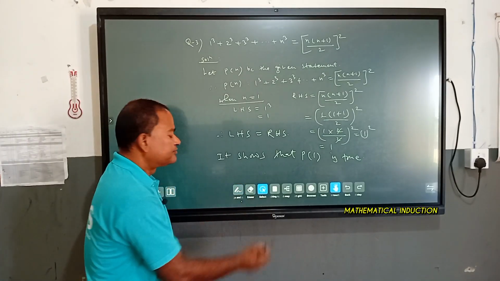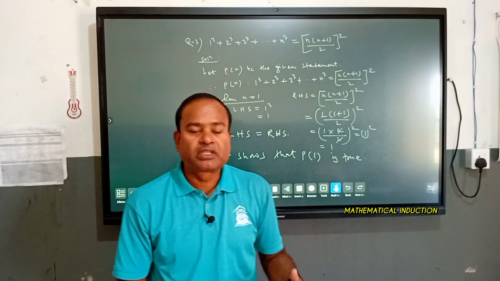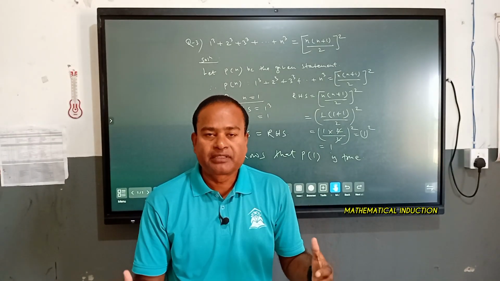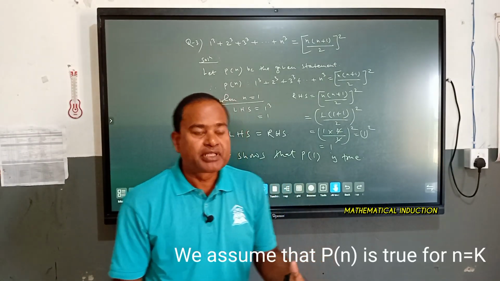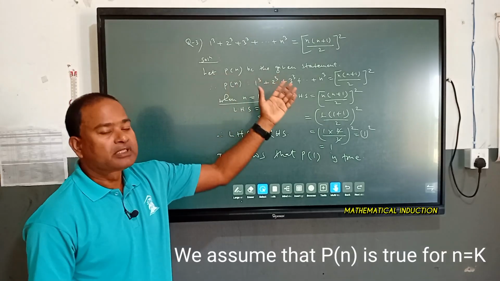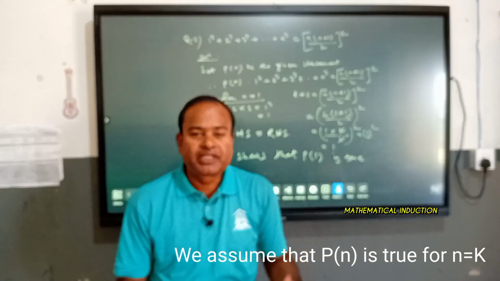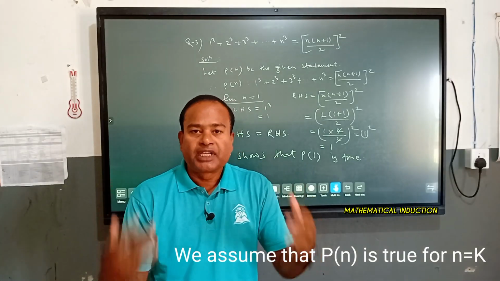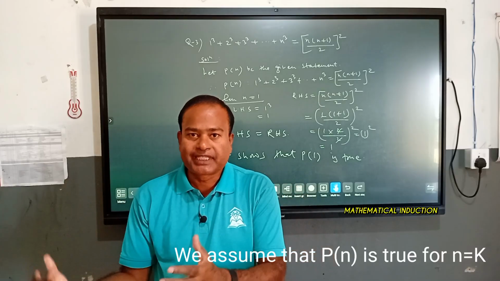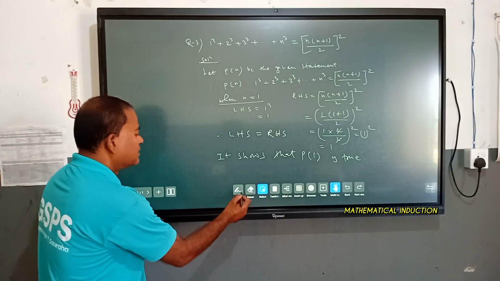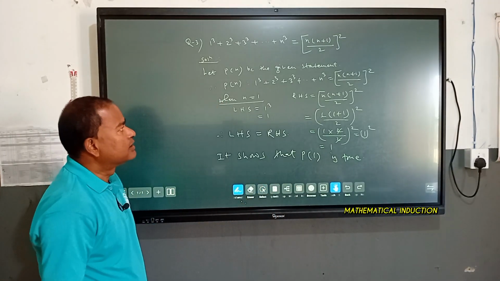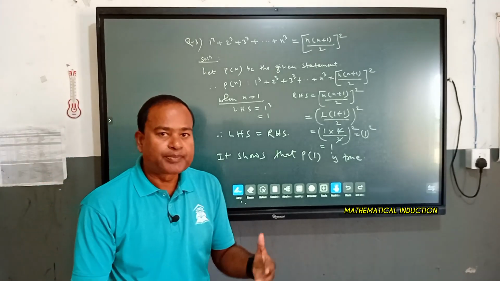Dear students, now according to the principle of mathematical induction, the second step is we have to assume that the given statement is true for a natural number n equals k. So dear students, now let's go to the next page.